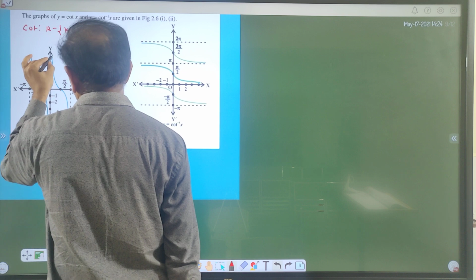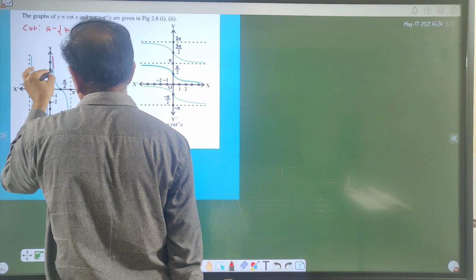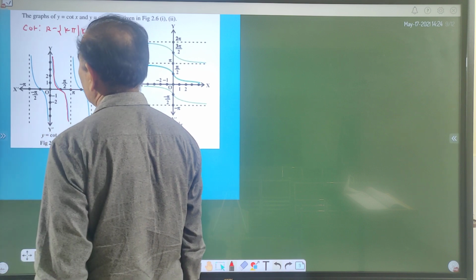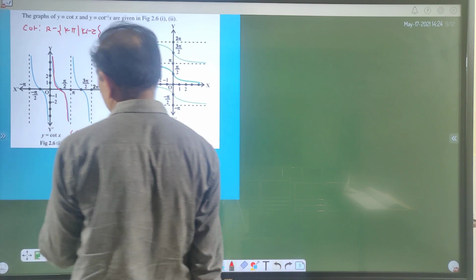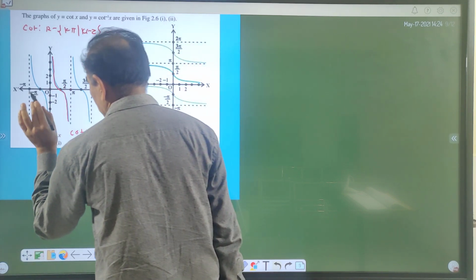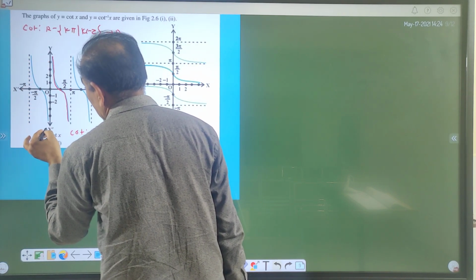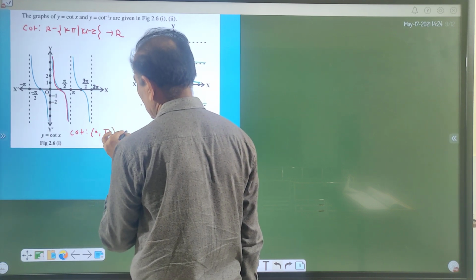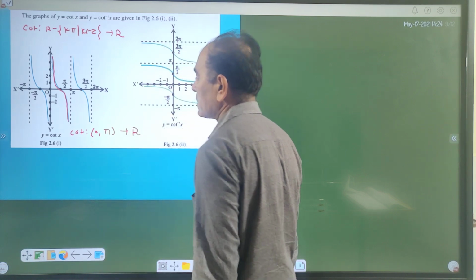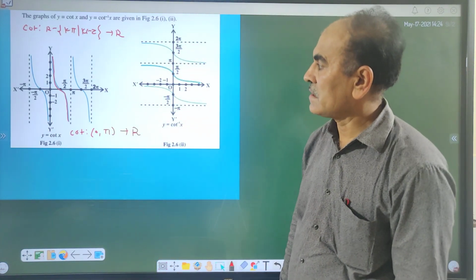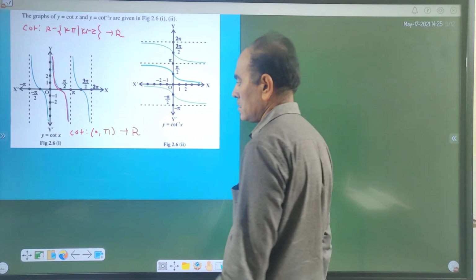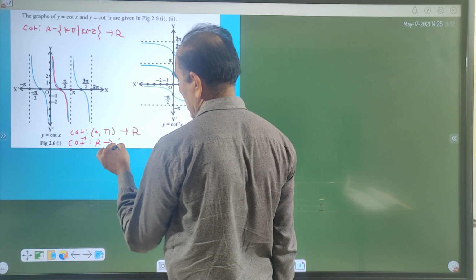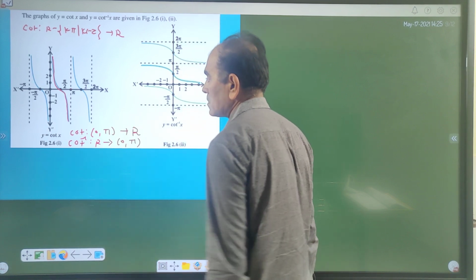From 0 to pi, that is 1-1 and onto. So for the basic part, cot is not defined at 0 as well as not defined at pi. So the open interval 0 to pi to R. If we restrict the domain in this way, then that function is 1-1 and onto. So cot inverse exists from where to where? R to the open interval 0 to pi.